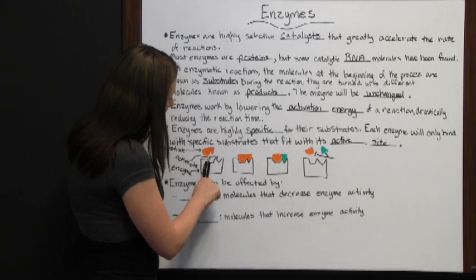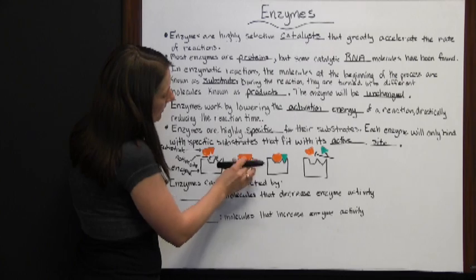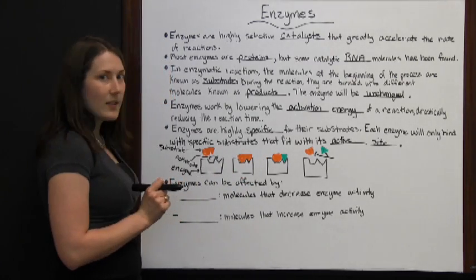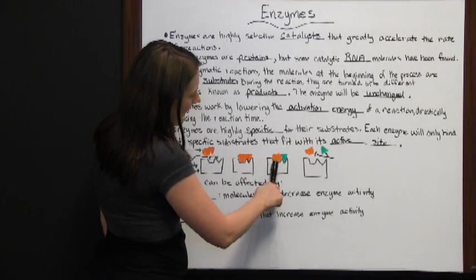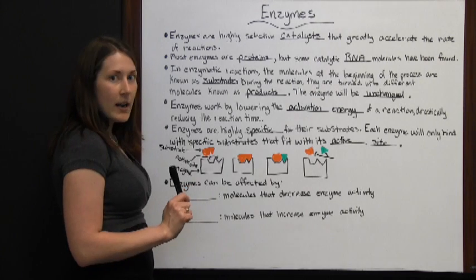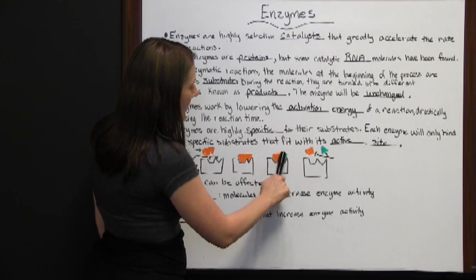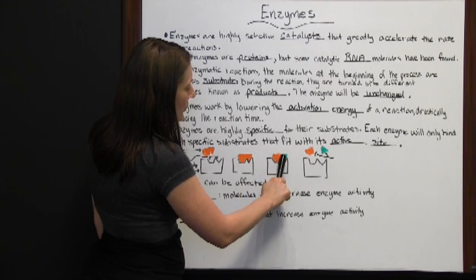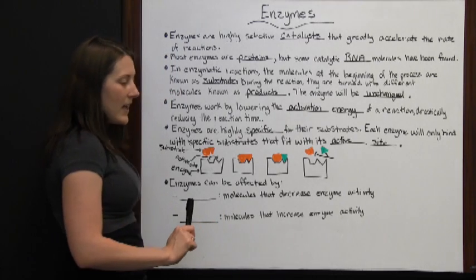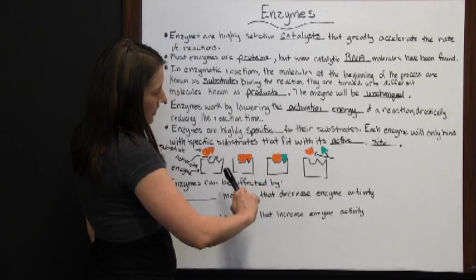And you can see that the enzyme changed shape a little bit to bind to that substrate. And then in this next phase you have the enzyme product complex, where the substrate has started to turn into two different molecules and separate from each other.